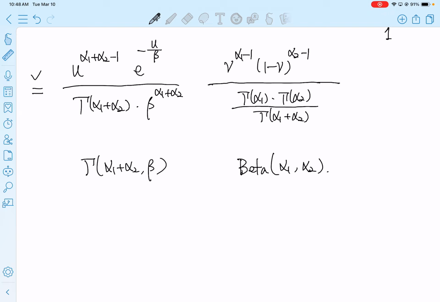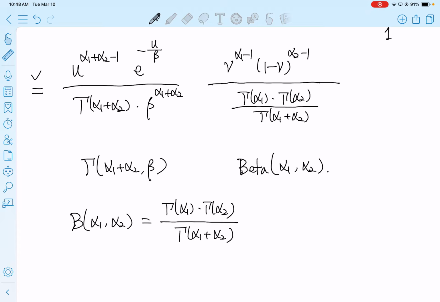Okay, so in practice, people usually don't like this whole fraction term here. They just define a beta function, B of alpha 1, alpha 2, by the things that we have here, plus alpha 2.